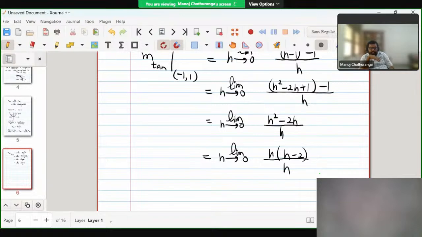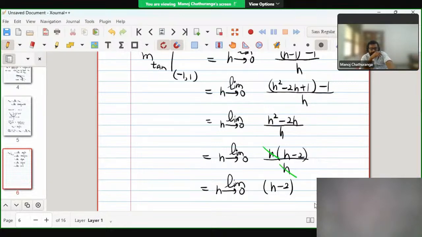So you can immediately see a cancellation. H is in both numerator and denominator. So finally, what we have is the limit as h goes to 0 of h minus 2.